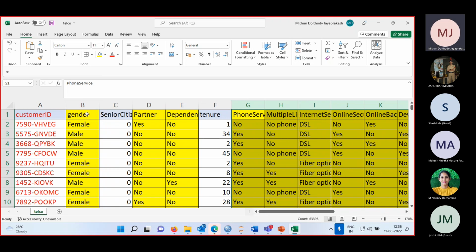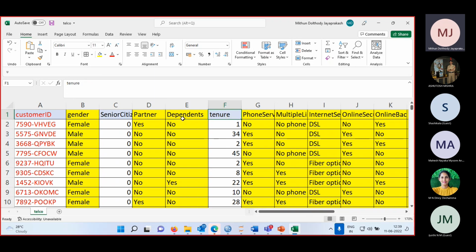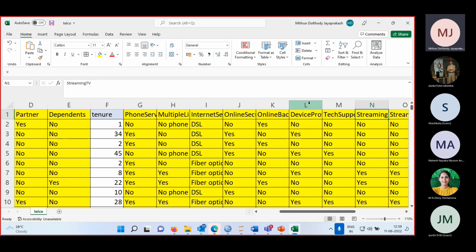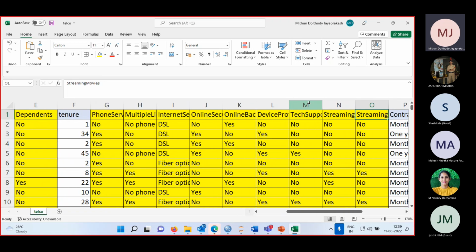So you have gender, senior citizen, partner, whether he's living with a partner or not, dependent and tenure. Some of these are demographic variables and others are variables like phone service, multiple lines, internet service, online security, online backup, device protection, tech support, stream TV, yes or no. Stream movies. These are some of the services that he has bought or not. All these are marked as yes, no.